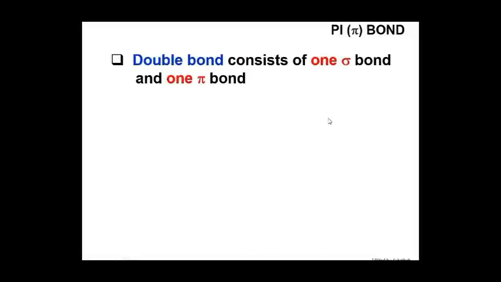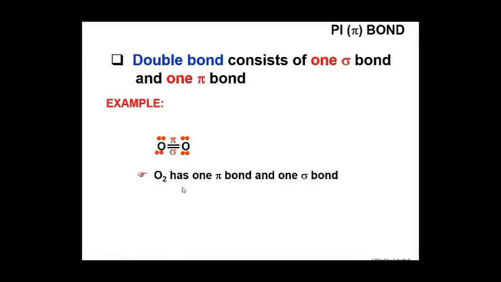A double bond consists of one sigma bond and one pi bond. For example, this is the sigma bond and this is the pi bond. Oxygen gas has one pi bond and one sigma bond.